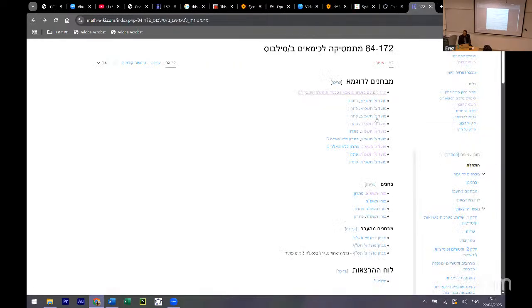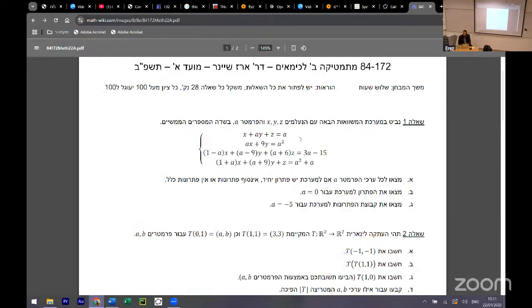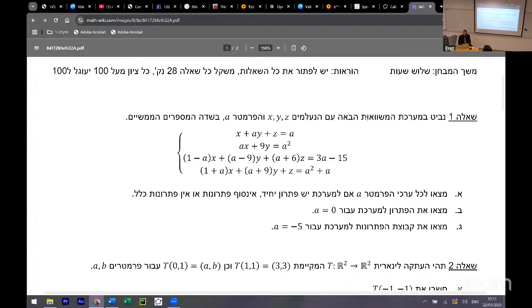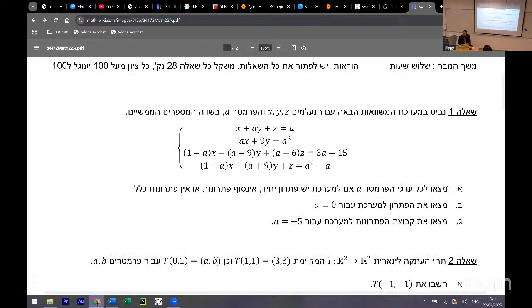The tests, however, look at question 1. It says, let's look at the following system of equations with the variables x, y, and z and the parameter a in the field of real numbers. This is the system, and it's always the same question. Find for every value of a if the system has a unique solution, infinite solutions, or no solutions at all.